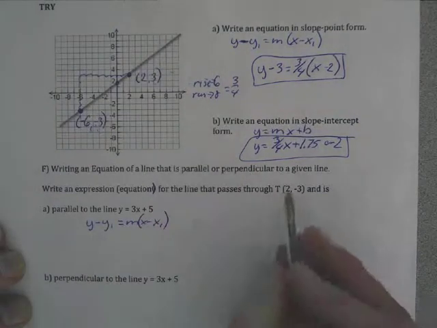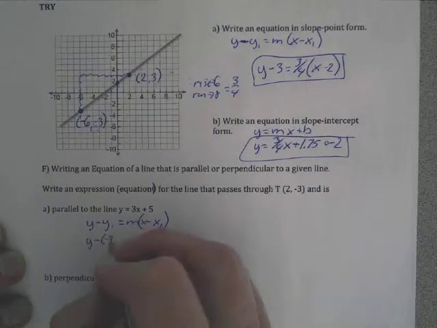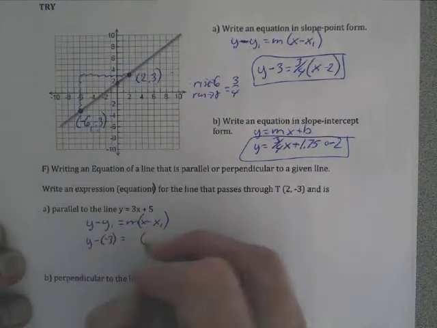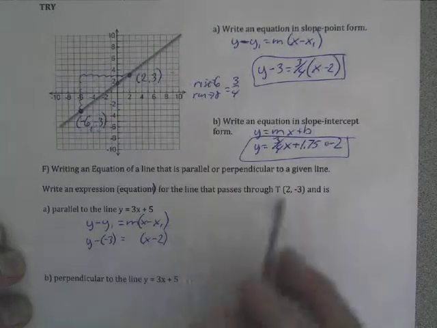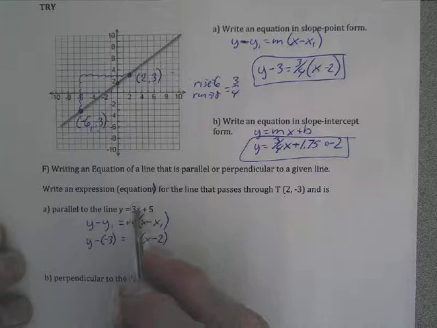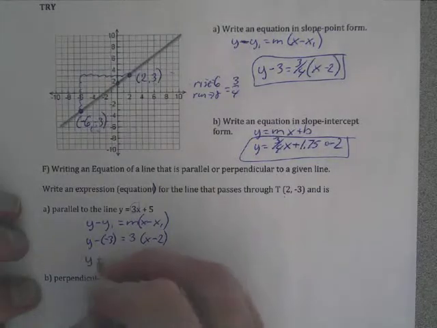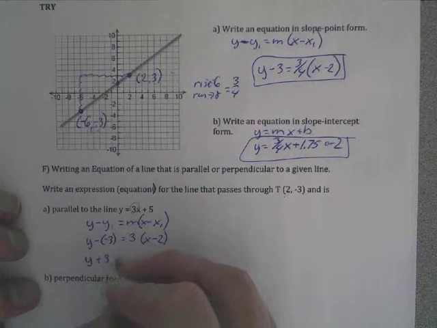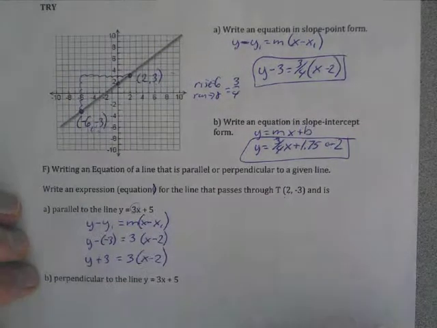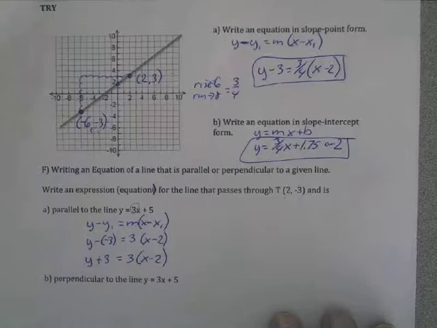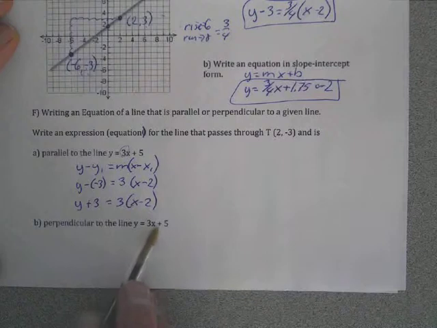The point they give me is 2 and negative 3, so y minus negative 3 is equal to m times x minus 2, and the slope, they do not tell me, but the slope is there, and that's 3, so it will not change. So my equation now is going to be y plus 3 is equal to 3 times x minus 2.